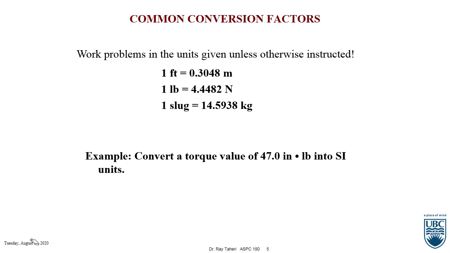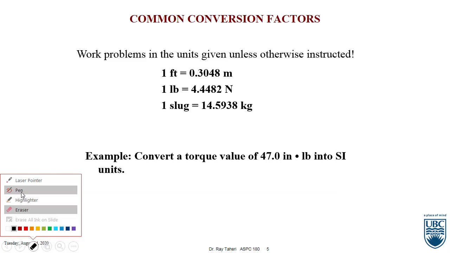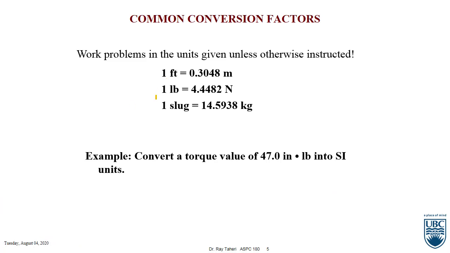On the other hand, you have the simple conversion of pound force to Newton. All you need to do is multiply this value by 4.448. Don't forget, when you go from a bigger value to a smaller value, you always multiply.